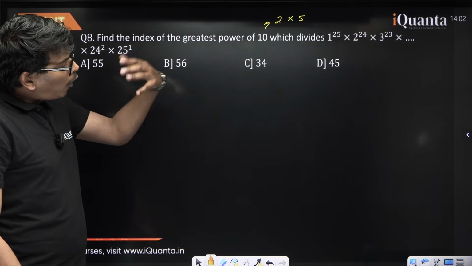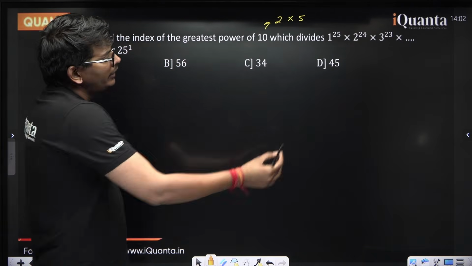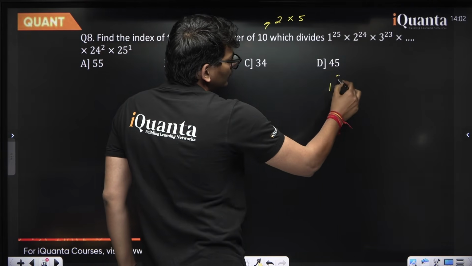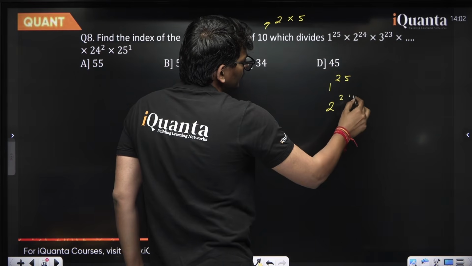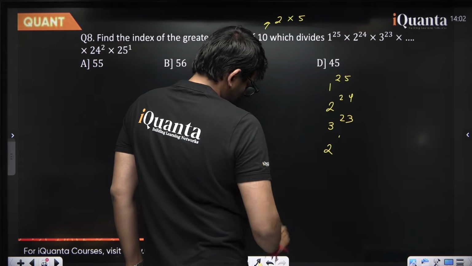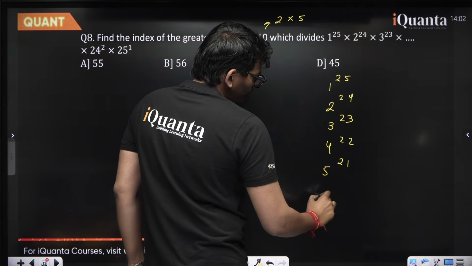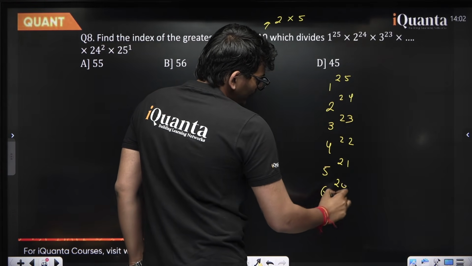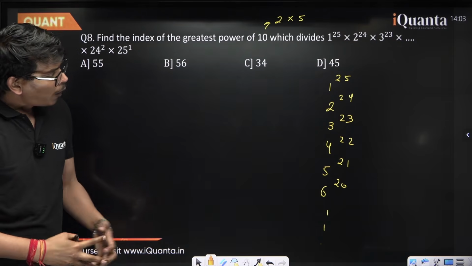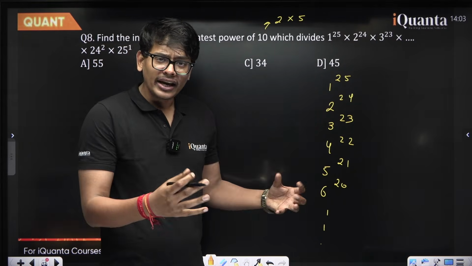Now if you observe, the highest power of 2, see, the pattern is this. Next will be 4 raised to the power 22, then 5 raised to the power 21, then 6 raised to the power 20, and so on. So if you observe, the number of 2's will be more than the number of 5's.